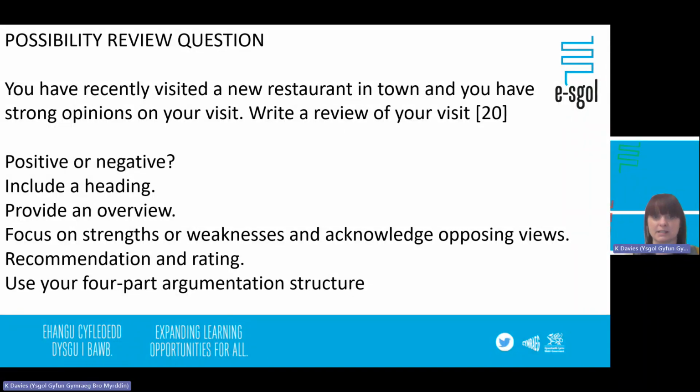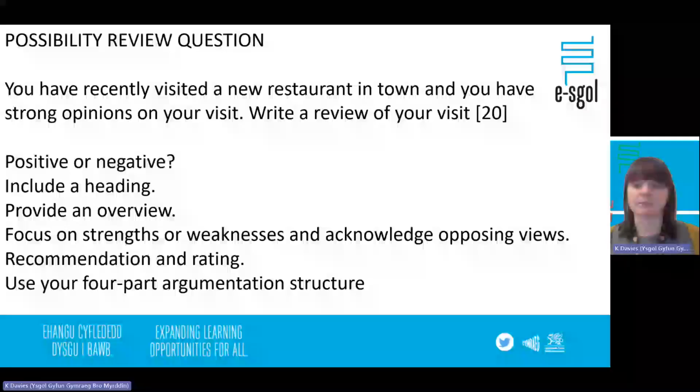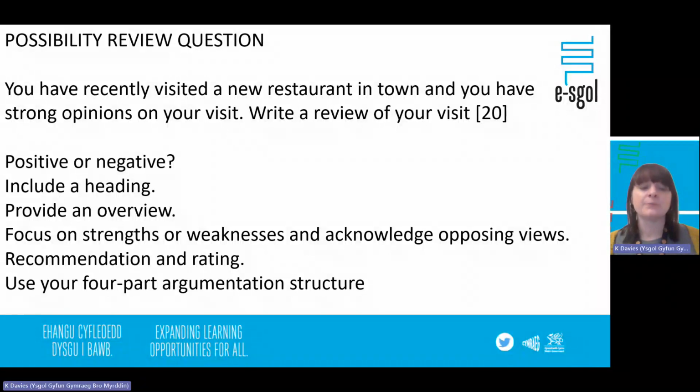So here you've got to consider, is your review going to be positive or negative? You need to make sure that you include a heading. So what you've got on this slide then is essentially a checklist, a success criteria of, right, if I'm given a review question, what do I need to make sure that I include? Okay, so is it positive or negative?